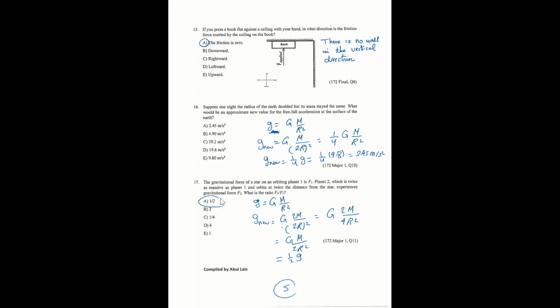Number 17 says that the gravitational force of a star on an orbiting planet 1 is F1. Planet 2, which is twice as massive as planet 1 and orbits at twice the distance from the star, experiences gravitational force F2. What is the ratio F2 over F1?